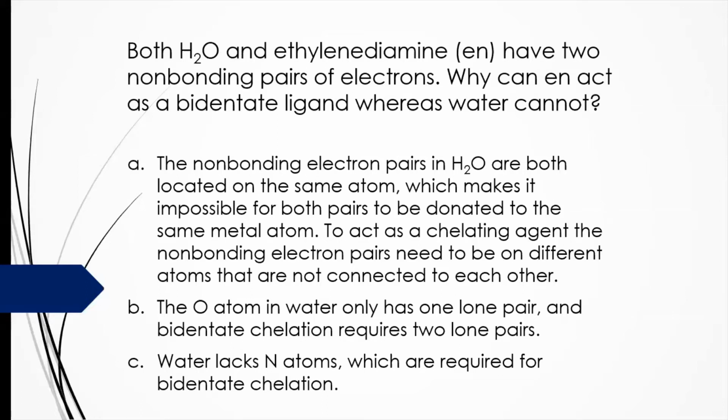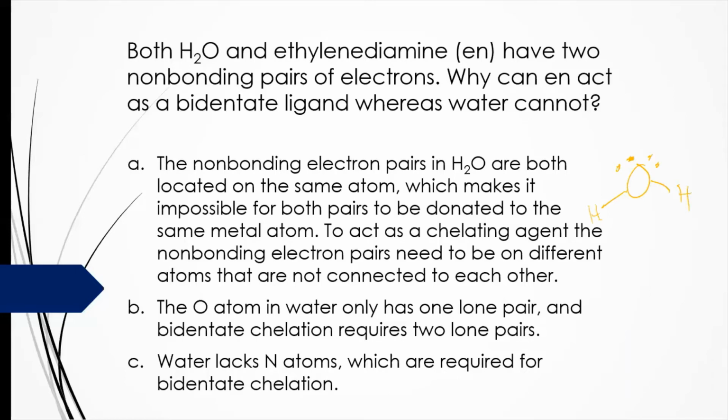The difference between them is that in the water molecule, both of its lone pairs are associated with that same oxygen. Since all of its lone pairs are on that one oxygen, when it attaches to that metal cation, it can only count as one donor atom.